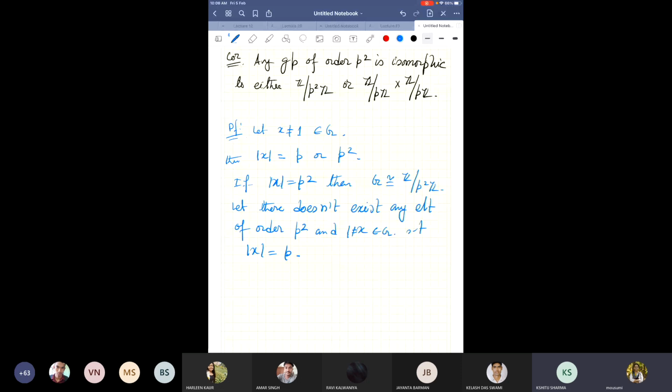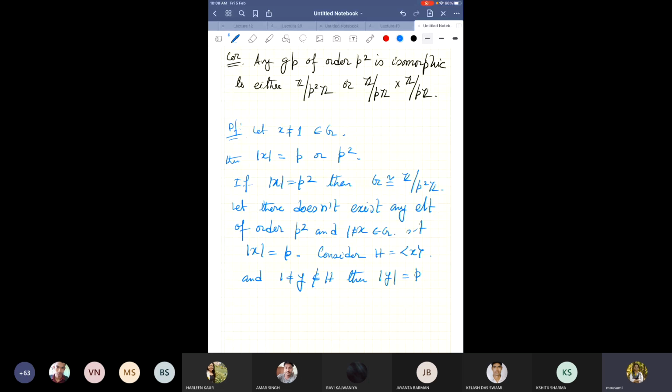Now I'm considering H to be the cyclic group generated by this X, and I'm considering one element Y which doesn't belong to H. Then what will be the order of Y? P only, because I don't have any other choice.